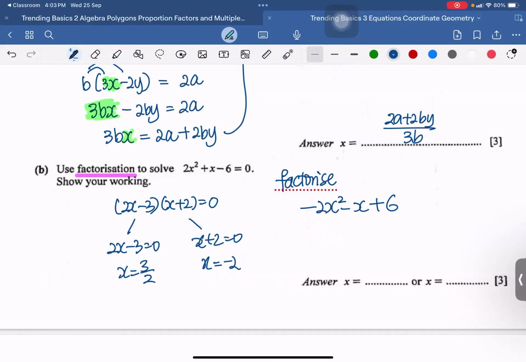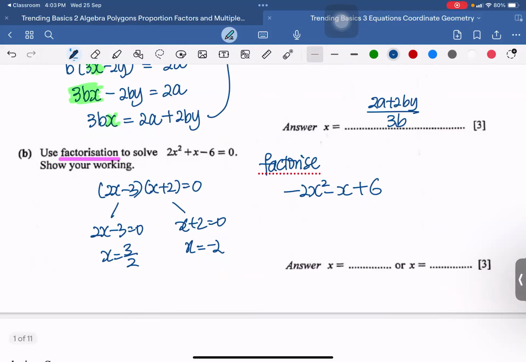You can try using your calculator, menu 522. Are you sure the answer is correct? I strongly suggest all of you who are online and you see this question, please try your calculator. You'll notice the calculator will give you the same answer as this.